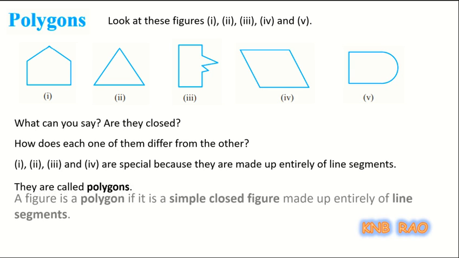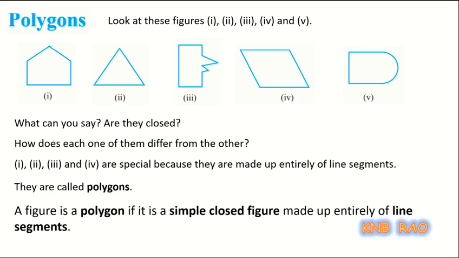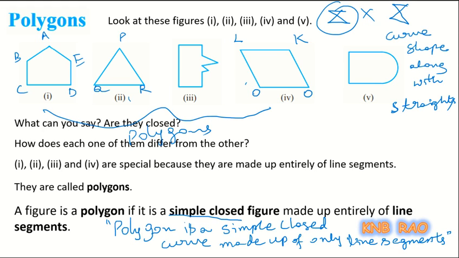Even I said a figure is polygon if it is a simple closed figure made up of entirely line segments. This is a bookish definition, but I gave you a simple definition: polygon is a simple closed curve made up of only line segments.